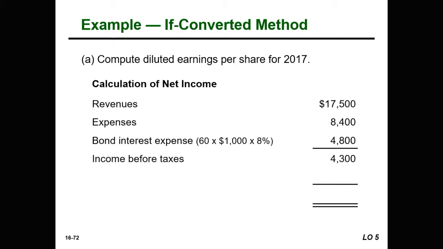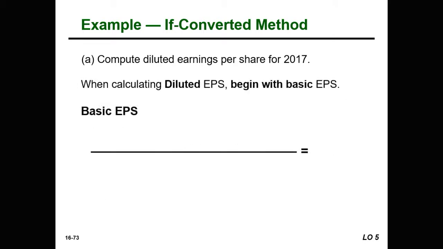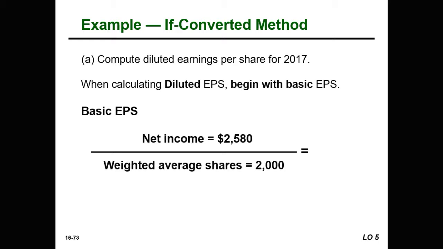Income before taxes was $4,300, and our income tax expense at a rate of 40% was $1,740, giving us net income of $2,580. Continuing to move forward, now that we have a net income, we're going to calculate basic EPS. Net income is $2,580, and we divide it by weighted average shares of 2,000 for basic EPS of $1.29.